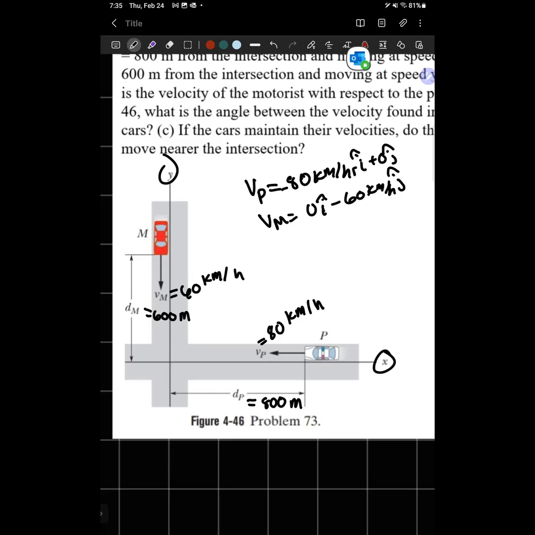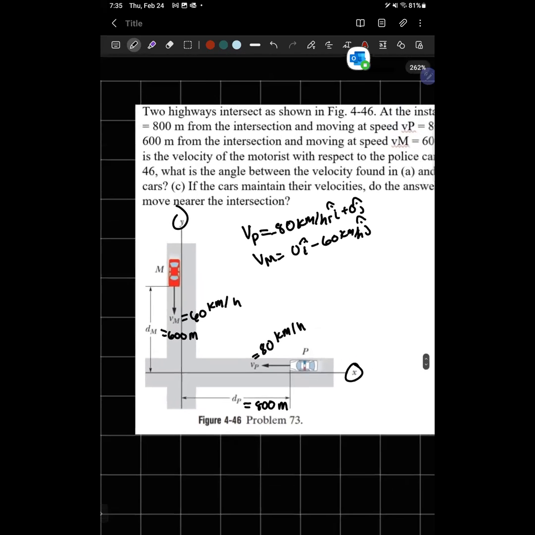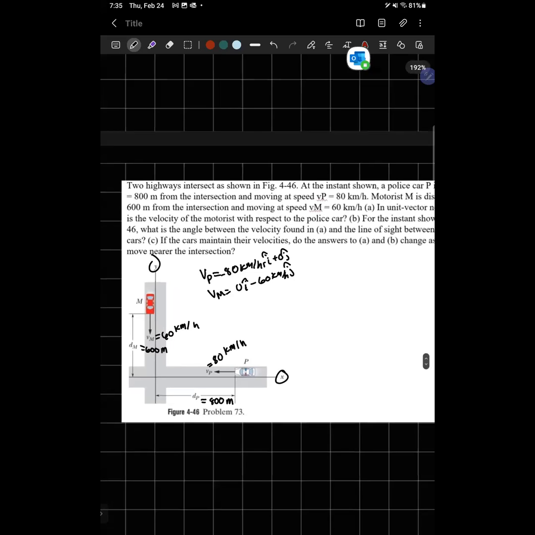With that, it says the velocity of the motorist with respect to the police. So I am in the police car and I want to know the velocity of this motorist.